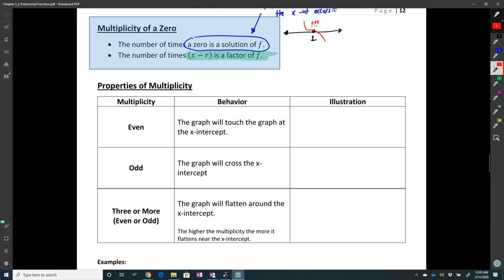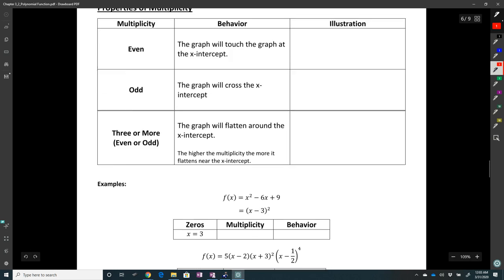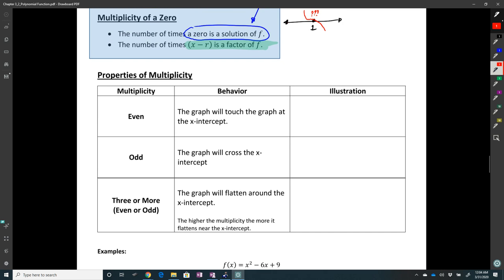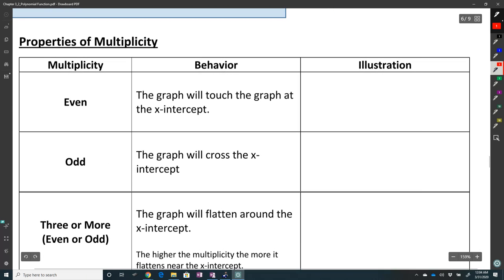Okay, so before we go more into that, I'm going to jump to the examples first. No, I better go over this one. Okay, so why do we care about multiplicity? Or why do we care about how many times an x-intercept is a factor? Well, it determines if it's even or if it's odd. So in our class, we're not going to go too much into it.